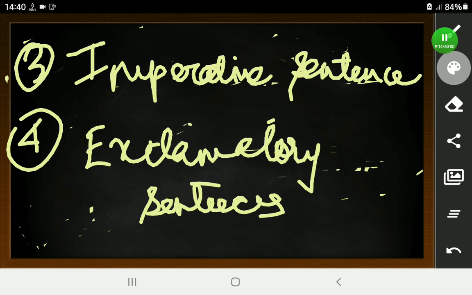Now we are going to see the examples of these 4 types of sentences. So now number 1, we are going to see the example of an assertive sentence.